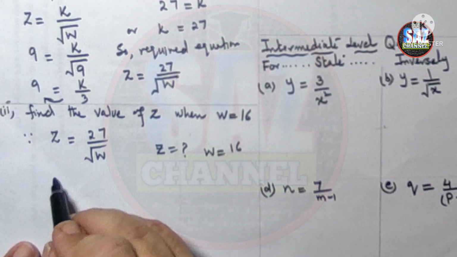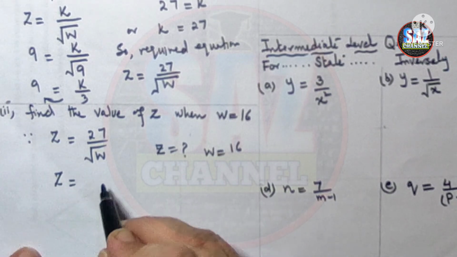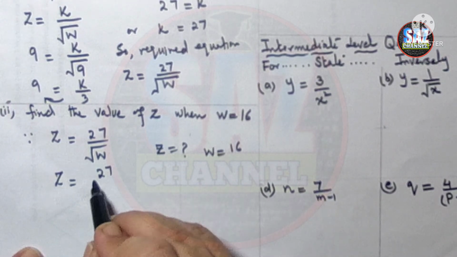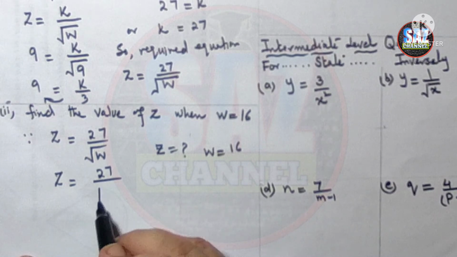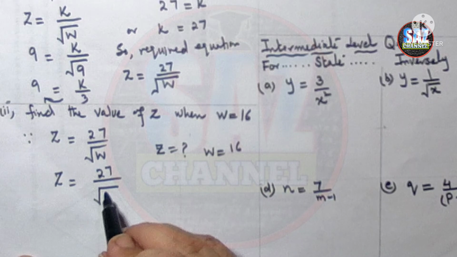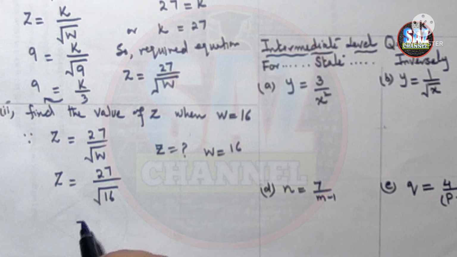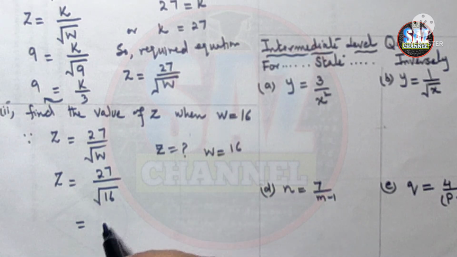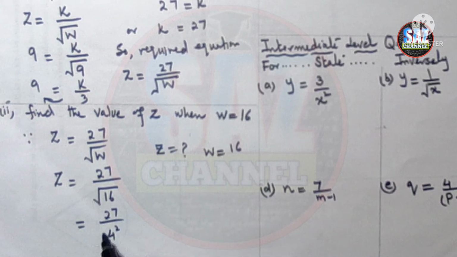So, very easy question, instead of the variable we replace w by 16. Now what is the number whose square is 16? That is 4. So 27 upon 4.